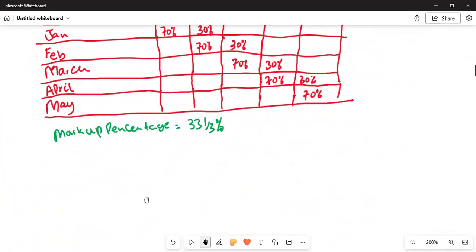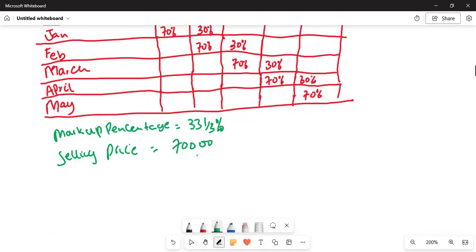So now we are going to say selling price, wherever we're talking about the total sales, is 700,000. Now we need to convert our markup percentage to decimal.